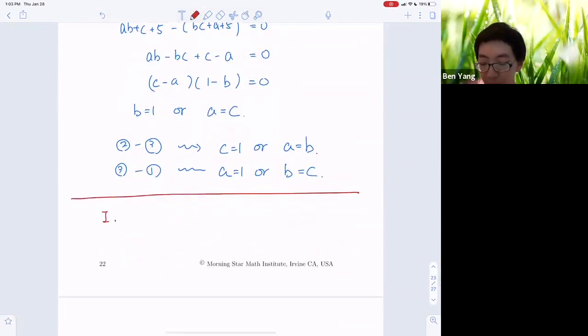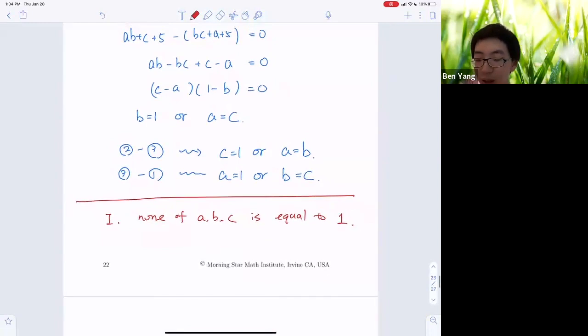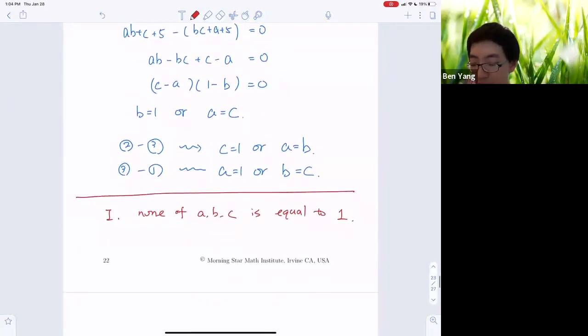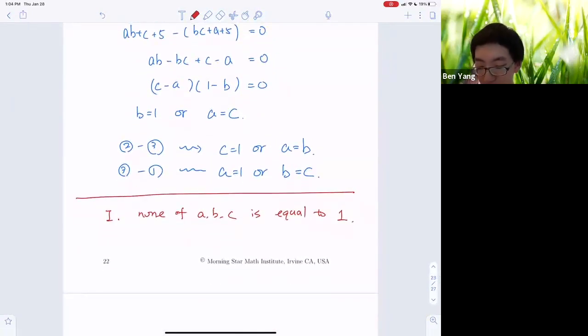First case, none of A, B, C is equal to 1. Then from what we got there, we have A is equal to B is equal to C.